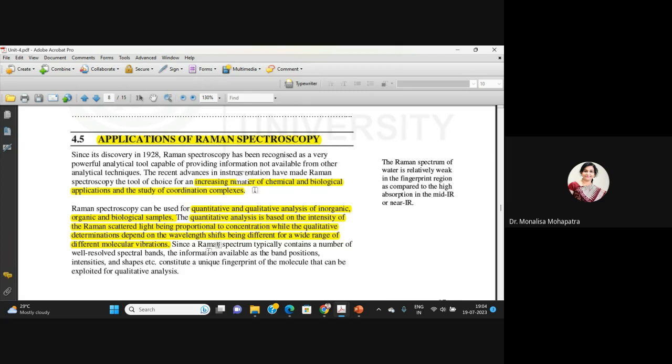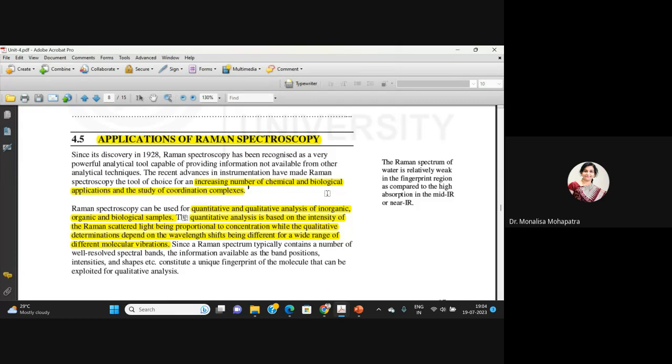From here, what you understood is that quantitative analysis means you are going to study how much quantity of the substance is, or how much concentration of the substance is.